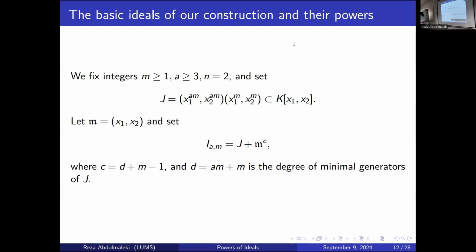We set our I to be J plus m to the power c. But as you see, this ideal is not generated in a single degree anymore, right? Because c is strictly bigger than d.